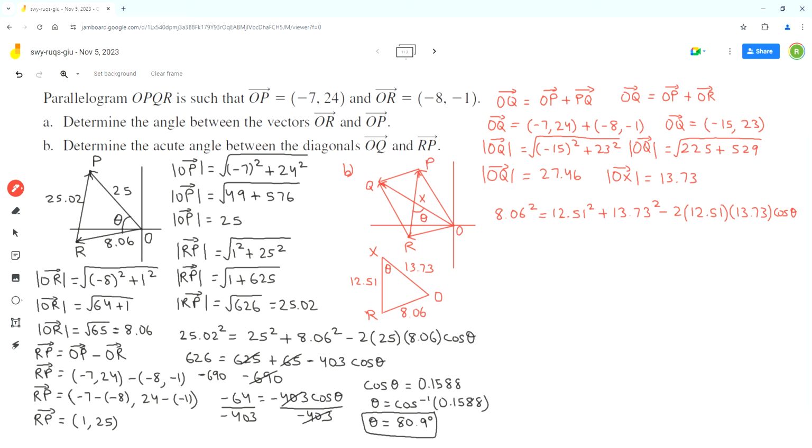Now we can evaluate the squares. 8.06 squared is equal to 65. 12.51 squared, so 156.5, and then 13.73 squared.